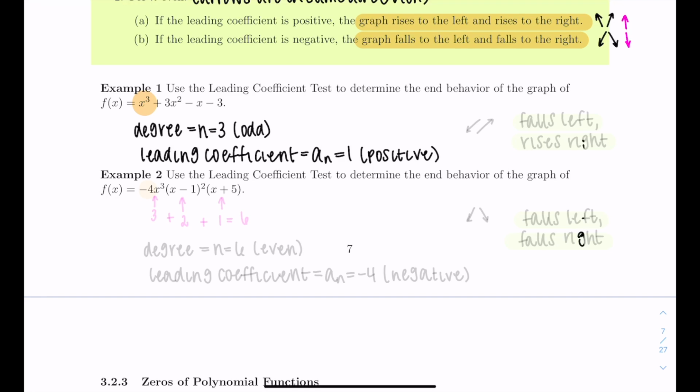So our arrows are going in opposite directions, and think of positive slope. So that means it's going to fall to the left, and it's going to rise to the right. So it falls left, rises right.